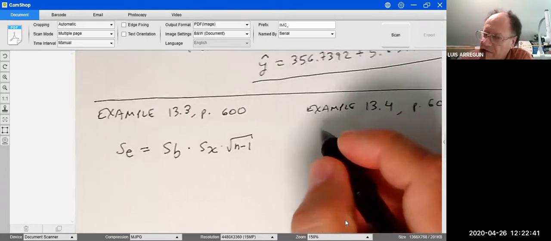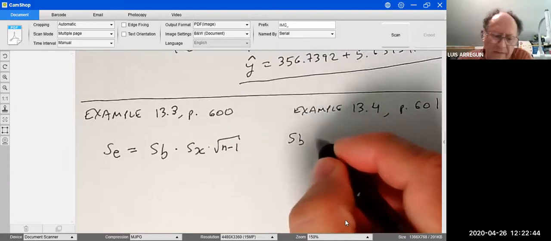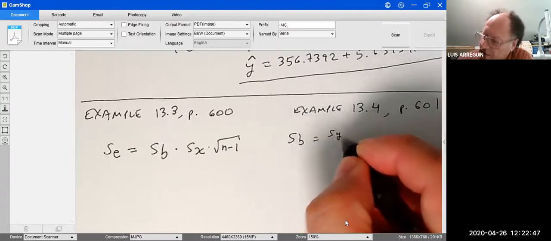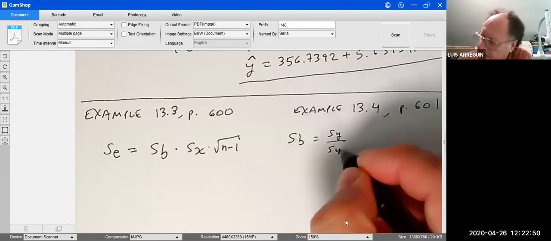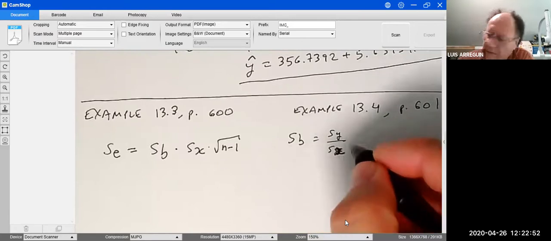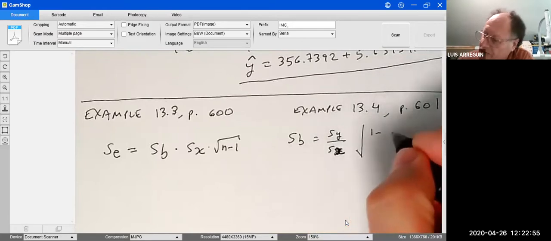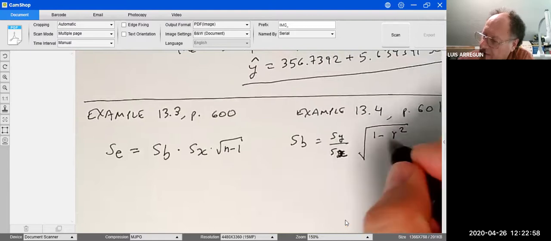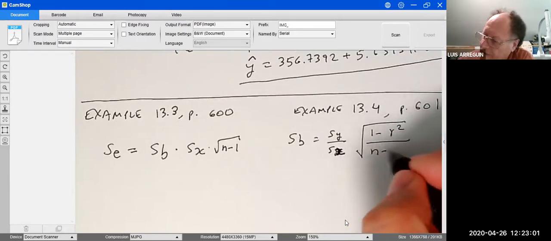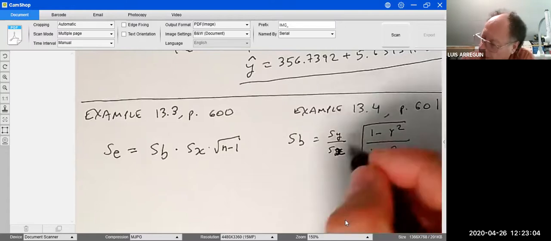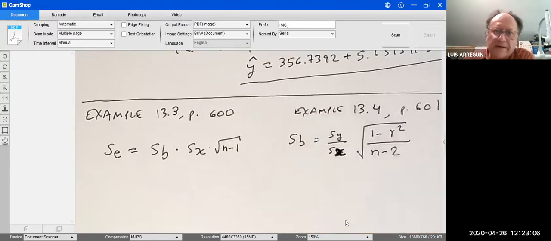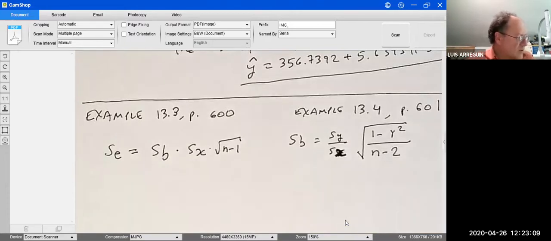So the formula is just SB is going to be the standard deviation of y over the standard deviation of x, and we're going to multiply this by the square root of 1 minus the square of the linear correlation coefficient over the degrees of freedom, in this case n minus 2. So we're going to use R to find these two values at once. So let's move on to our console.